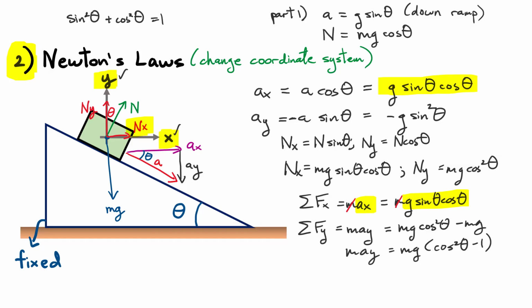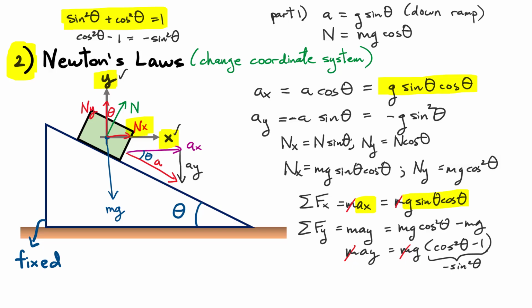Again, there's mass on both sides, so let's eliminate it. Now, this looks a little bit different, but I'm going to use a famous trigonometric identity. You can substitute cosine squared theta minus 1 equals minus sine squared theta. So that's this guy right here.